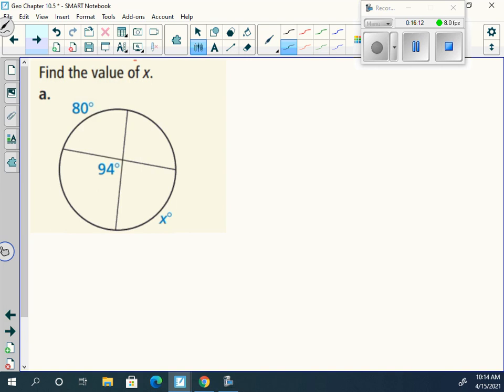Because would there be an angle that would be nice to know? Here? Either one of these here would be nice to know, because if I know one of those two, then we can use our formula to find out what x is. Is there a way that I could find one of those two?